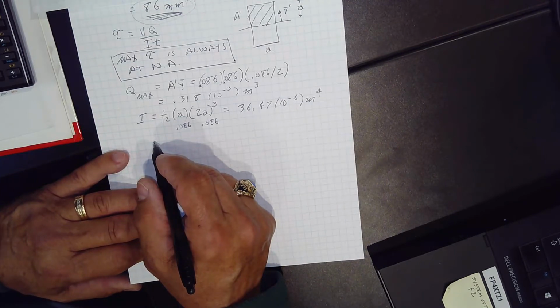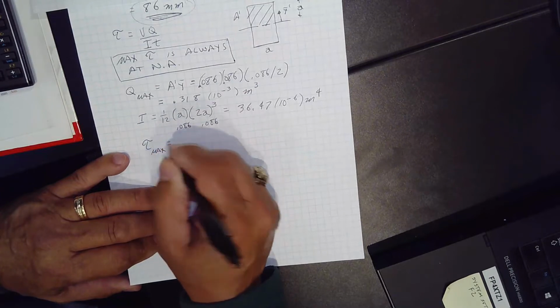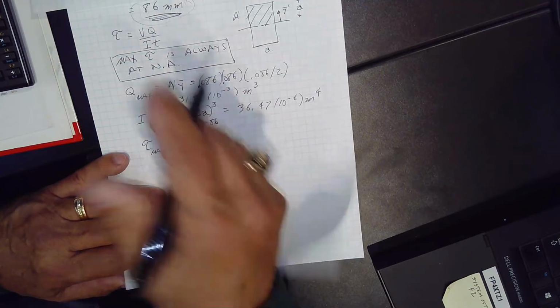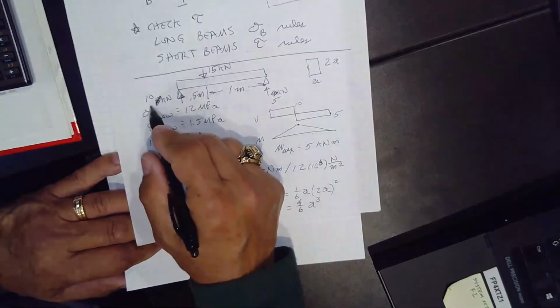So do we have everything we need? Now we can say shear stress max is equal to V. Well, we got V, right? That was 10 kilonewtons.